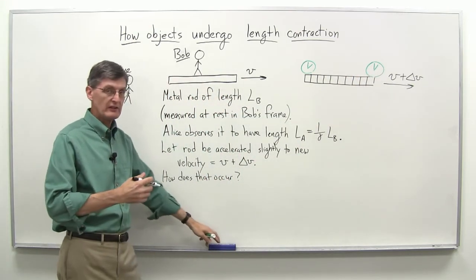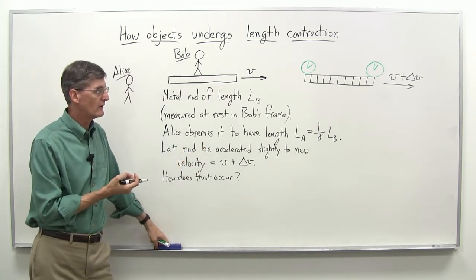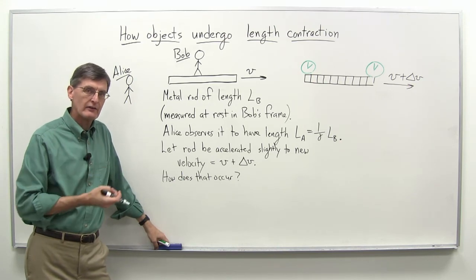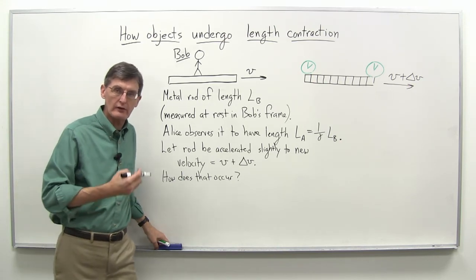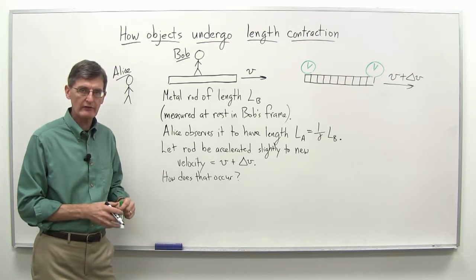We're actually going to see this concept appear in one of the paradoxes we'll be working on this week, and that is the so-called paradox of two spaceships on a rope. So we'll be coming back to this in a little bit.